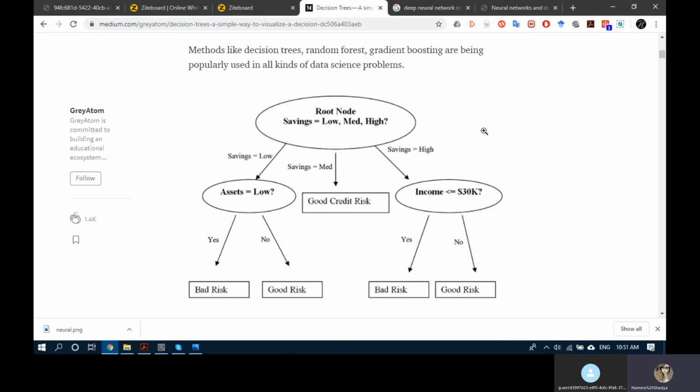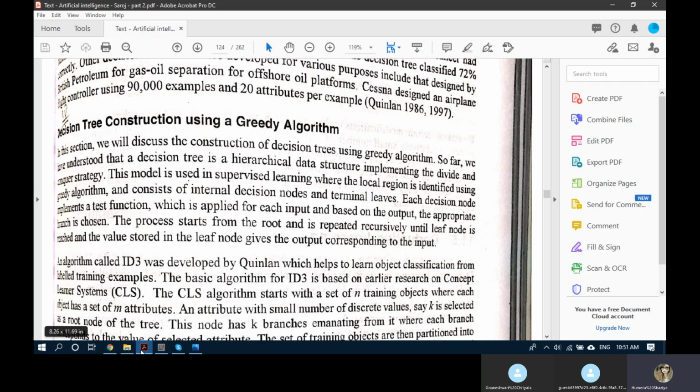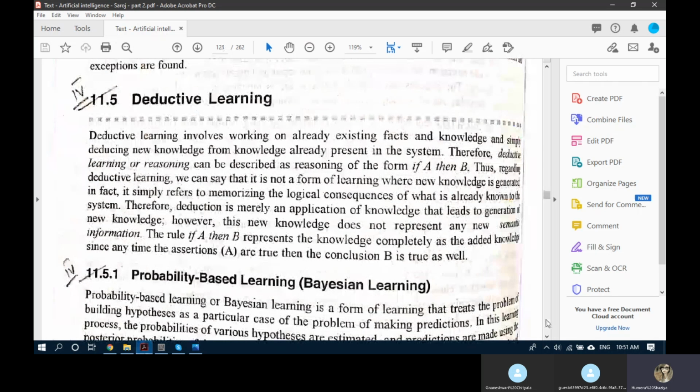Low income, it is least likely that it is returned on time. Medium, it is likely that it is returned on time. So like that, you can create a decision tree, and please go through all that is given.